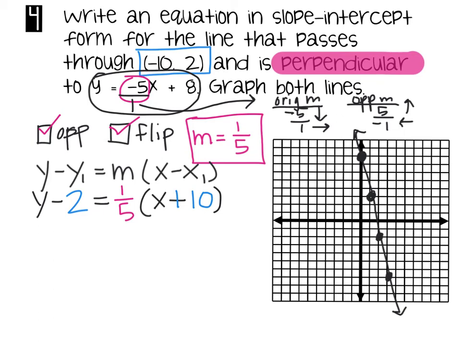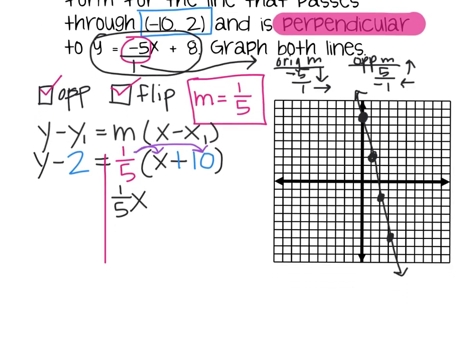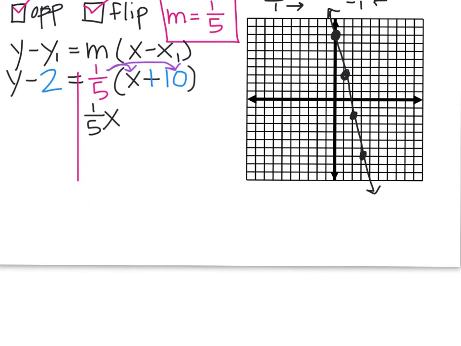The next thing I'm going to do is begin to distribute. I've got to multiply 1/5 times x and 1/5 times 10. 1/5 times x is quite easy. 1/5 times x is 1/5 x. If you don't know 1/5 times 10, let's do a little fraction math over here.